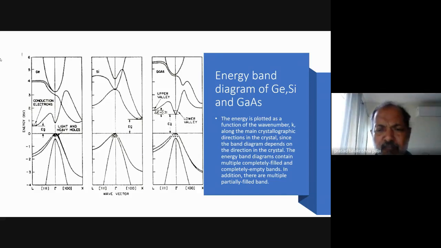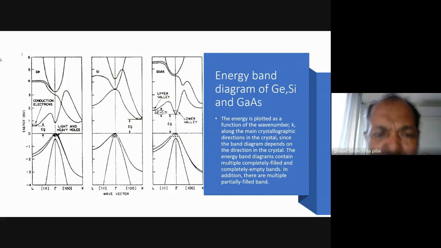So this is very important. As we go further, why am I spending so much time on the energy band? Because this is one of the most fundamental properties of semiconductor materials, and almost all properties, especially the electrical properties of the semiconductor, depend on the energy band structure of the material. So we can go back and revisit the energy band to understand any of the electrical properties of the material.